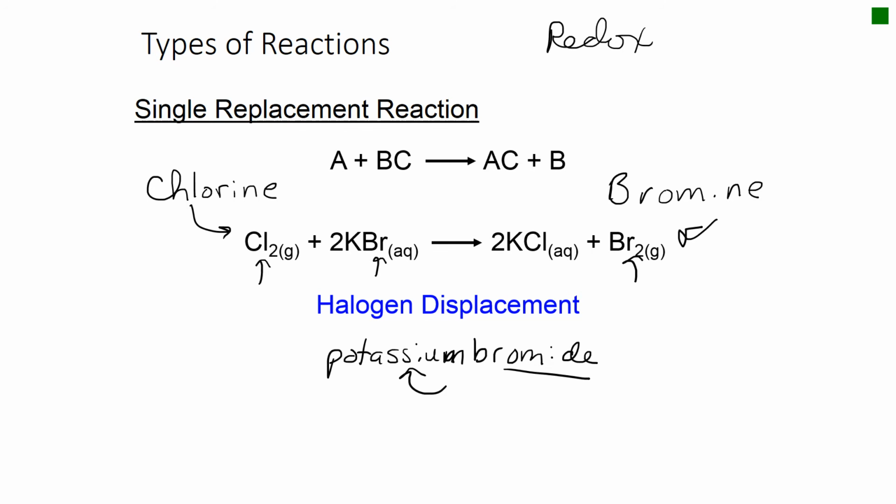The same thing with potassium chloride on the product side. It becomes an ion in the process. We'll talk a lot more about this coming up in another PowerPoint.